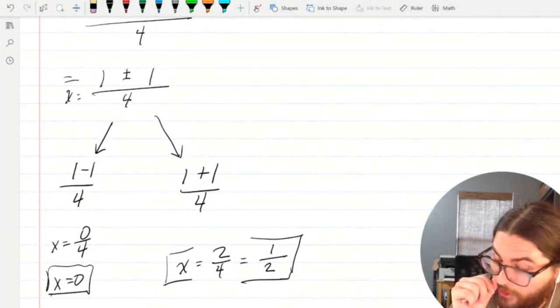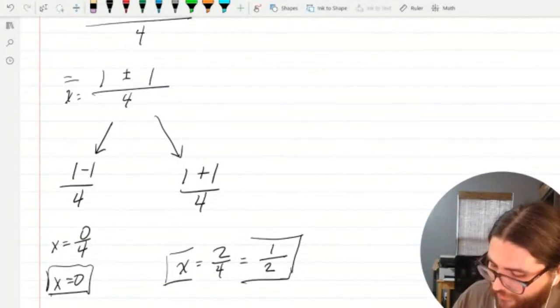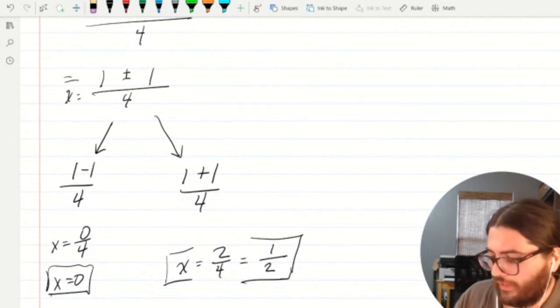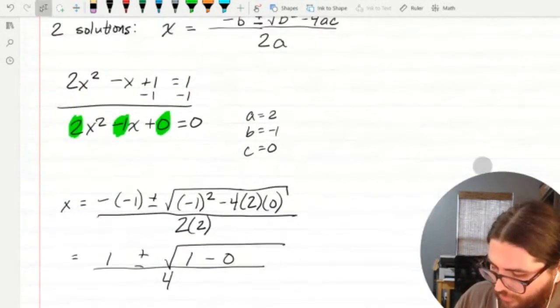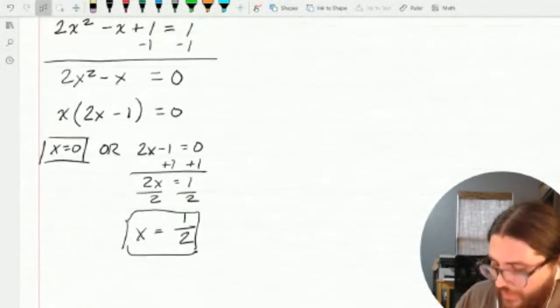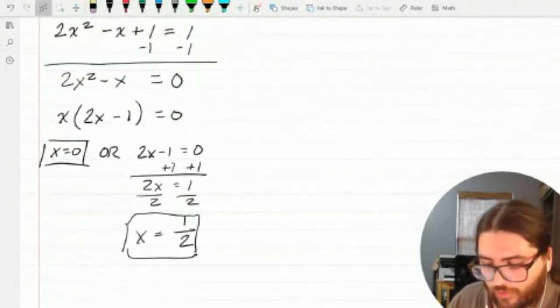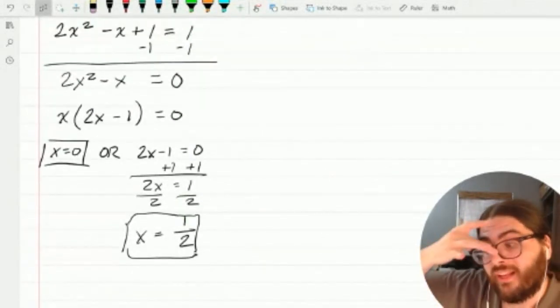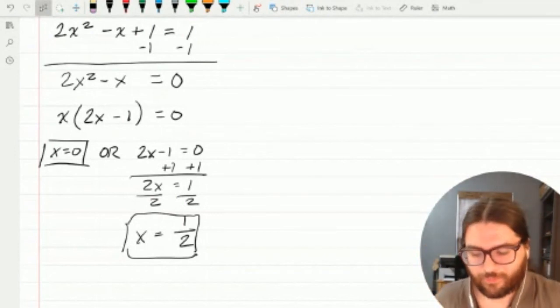We get the same two solutions that we got earlier from factoring. X equals 0 and x equals 1/2. I'm just going to scroll back to prove to myself this is the same two solutions from earlier. X equals 0, x equals 1/2.